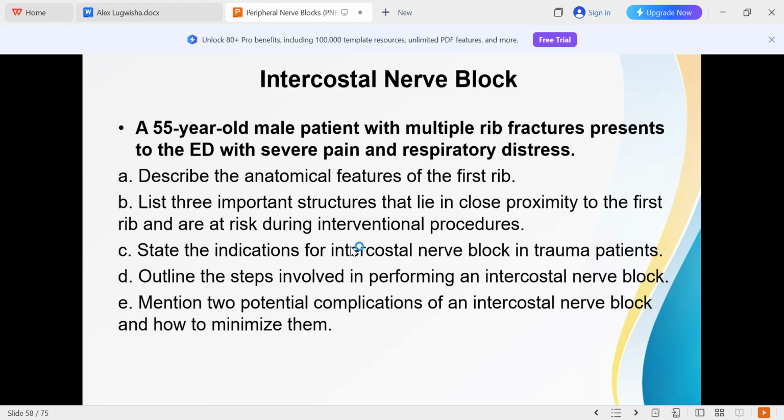Two, list 3 important structures that lie in close proximity to the first rib and are at risk during interventional procedures. Three, state the indications for intercostal nerve block in trauma patients. Four, outline the steps involved in performing an intercostal nerve block, and mention 2 potential complications of an intercostal nerve block and how to minimize them. All right, is this a fair question if you see it in an exam?